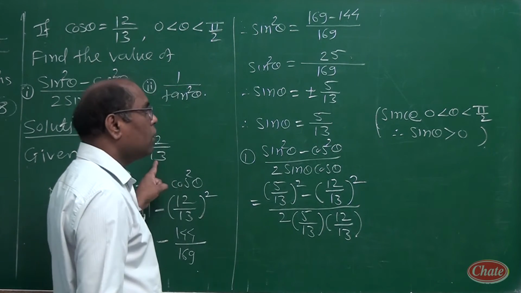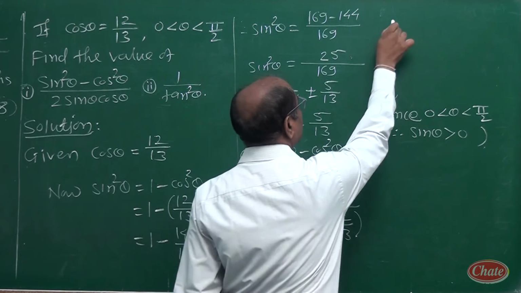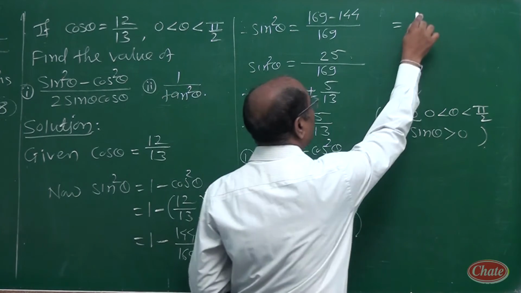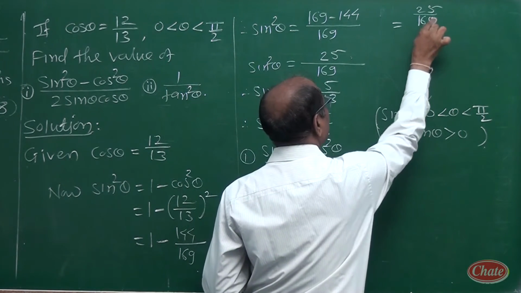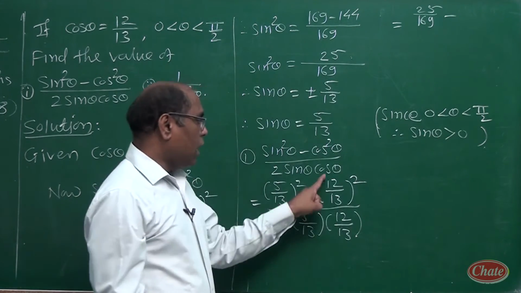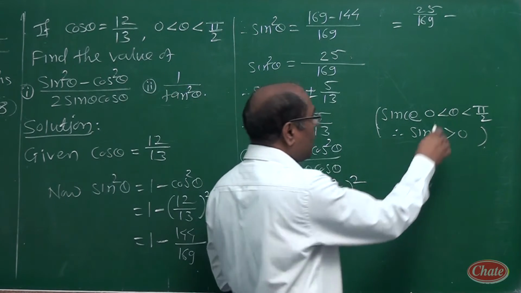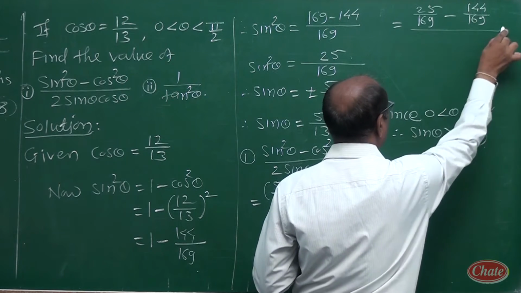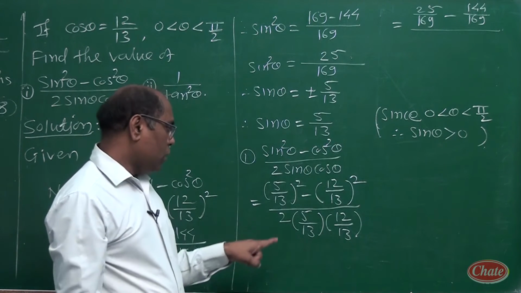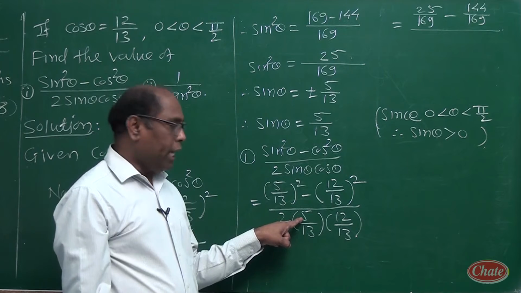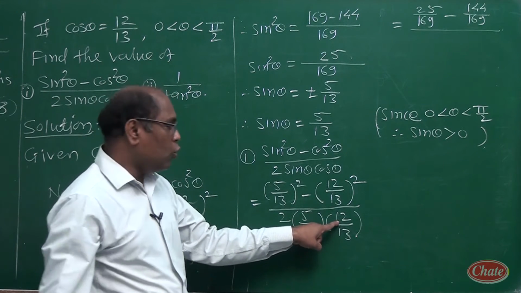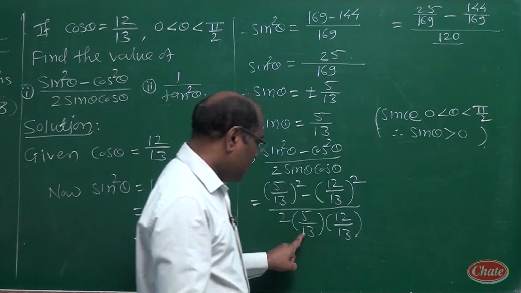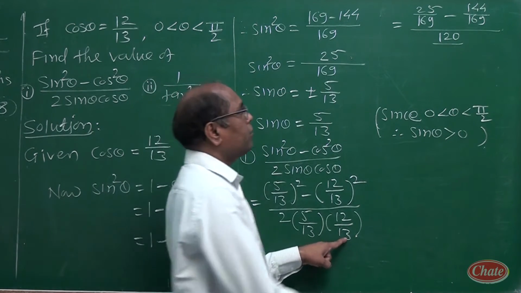Okay, and now that is equal to 5 upon 13 square means 25 upon 169, minus 12 upon 13 bracket square means 144 upon 169, whole divided by, now here 2 into 5 is 10, 10 into 12 is 120, so 120 divided by 13 into 13, that is 169.